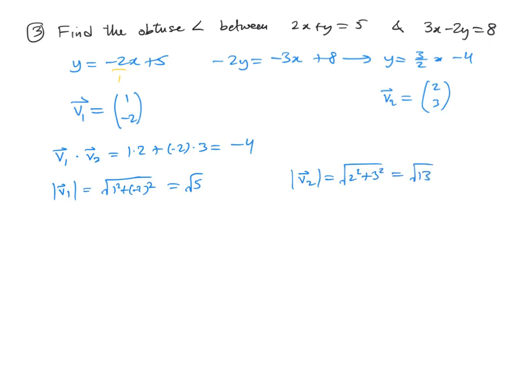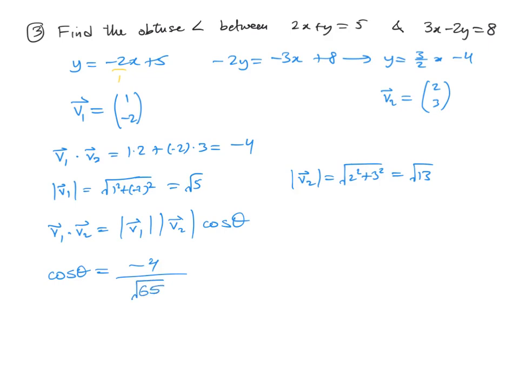And so finally we can say v1 dot v2 is going to be magnitude of v1 times magnitude of v2 times cosine theta, and I can isolate cosine theta. So cosine theta is going to equal, the v1 dot v2 was -4, and I have to divide by the product of the two magnitudes, so square root 13 times square root 5, which is really square root 65.